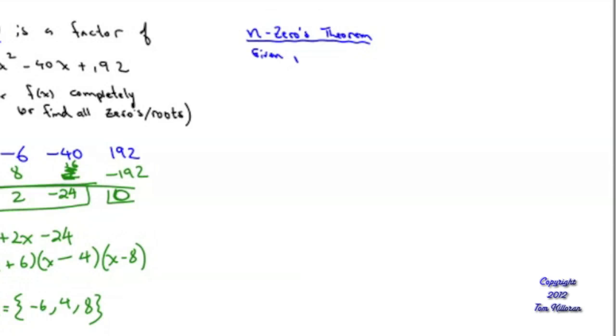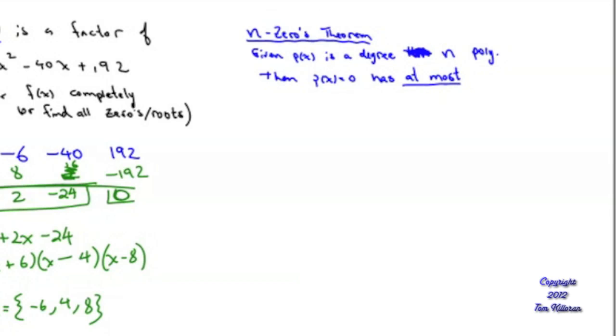Given P of X is a degree N polynomial. I'm not sure if I gave this to you already. No, sir. Then P of X equals 0 has at most N zeros.